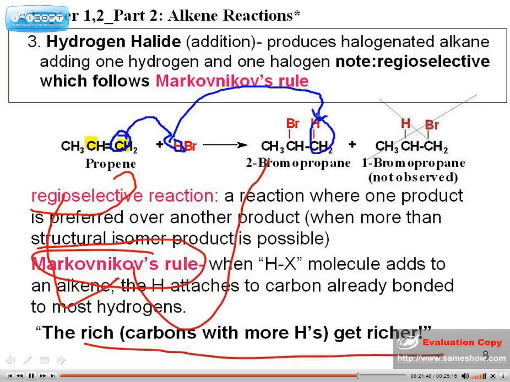So the rich get richer. If it already has 2 hydrogens, then it's going to get richer, and now it has 3 hydrogens. The poor carbon over here then picks up the bromine. So apply the rich get richer rule.